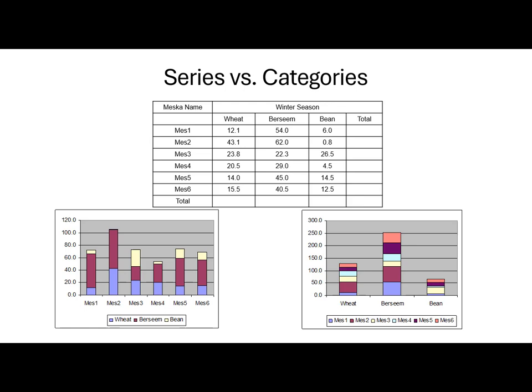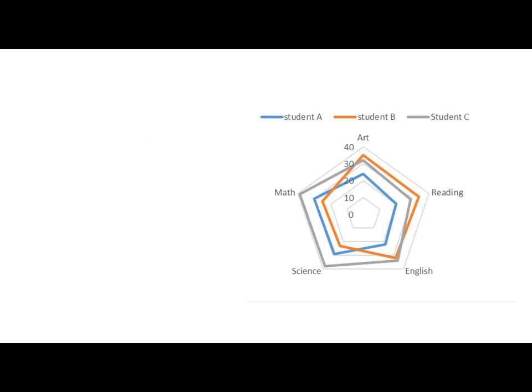To the left, we tell what are the crops irrigated in each MESCA, and the one to the right is how the 6 MESCAs irrigate the 3 types of crops.